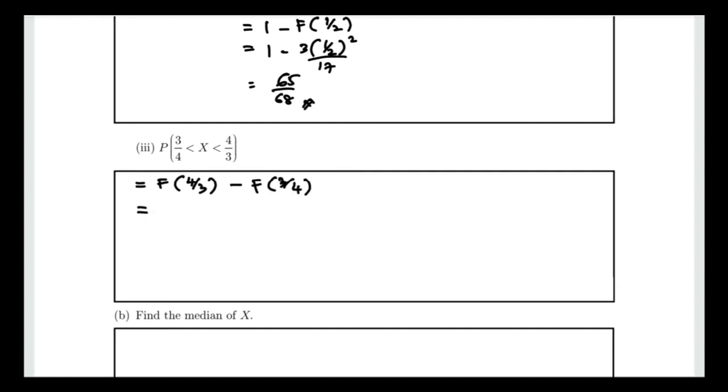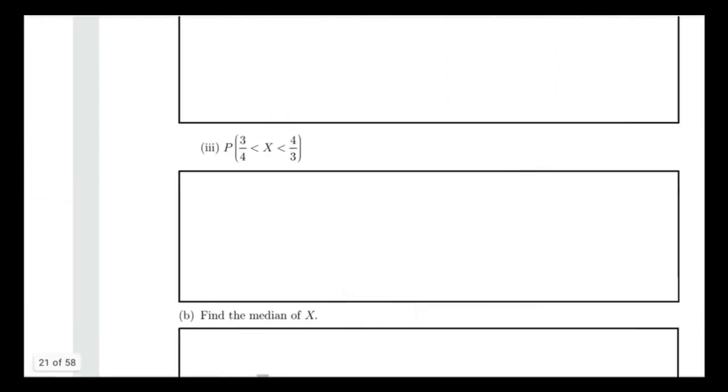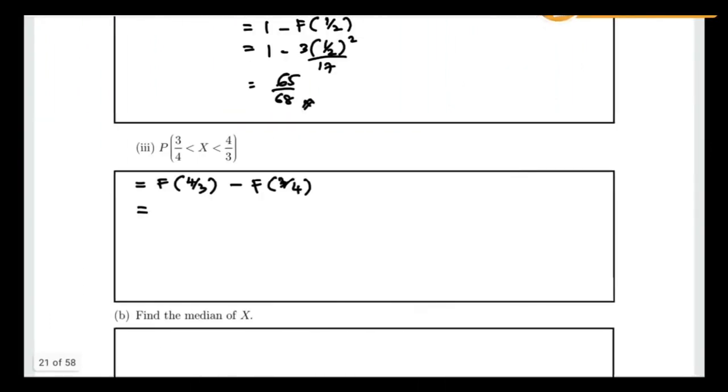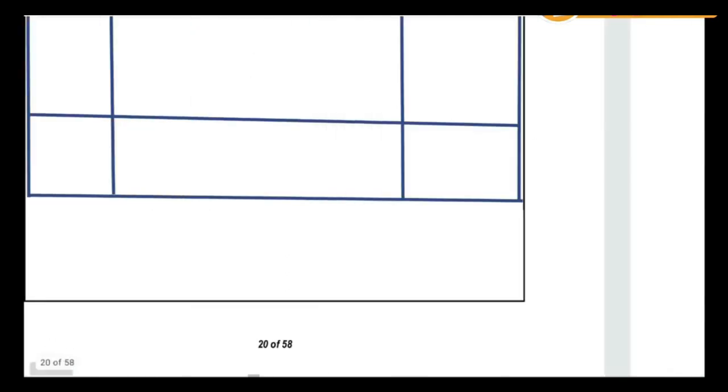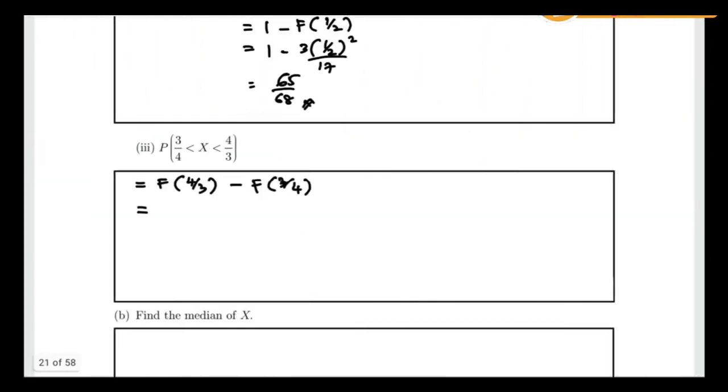So find out where the 4/3 is. Check it here: 4/3 needs to be substituted into the third function, and 3/4 into the second. So you just substitute.